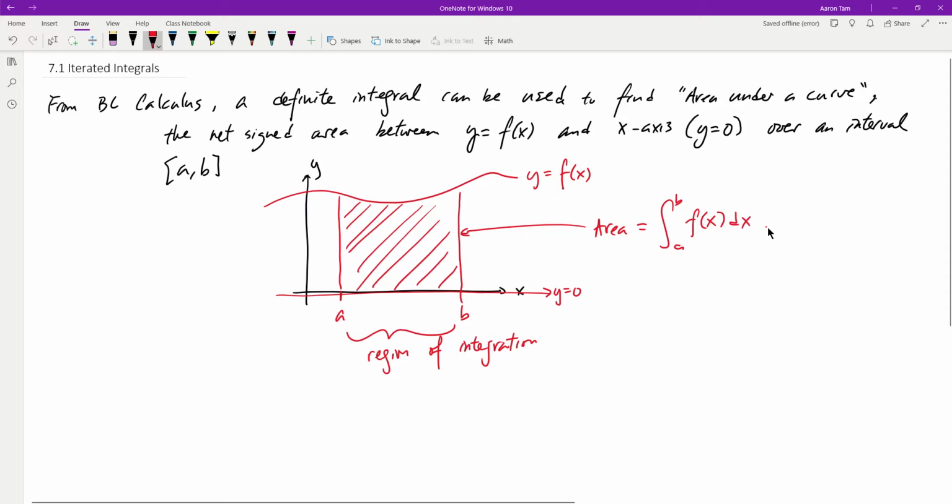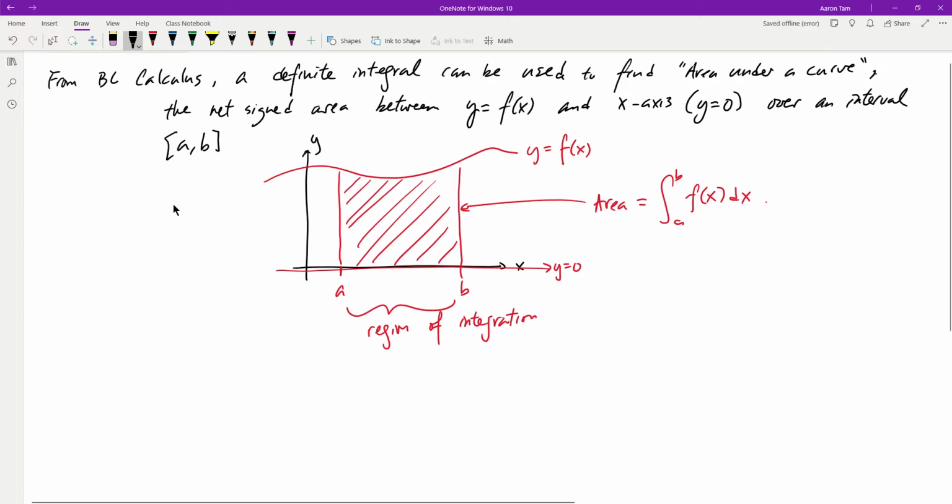So now comes the question: what happens if the function f is now two-dimensional? It's a function f that maps from R2 to R1, so now the domain is not just the x-axis, but the xy plane. How does that change the way we calculate it?